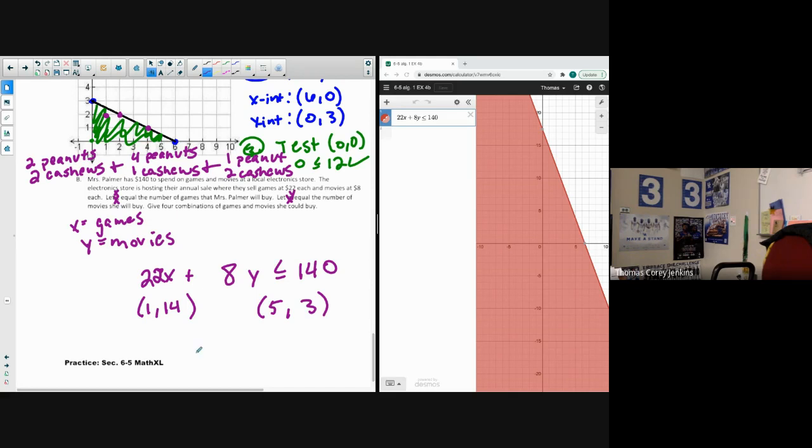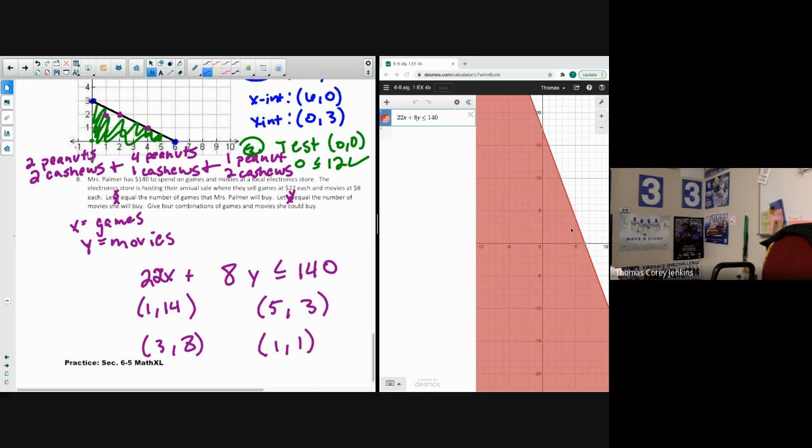And just say we're feeling cheap that day. So say we just want to buy 1 of each, right? So 1's definitely in there, and then we get a lot of change. So point is, any in this shaded region would be part of your solution set.